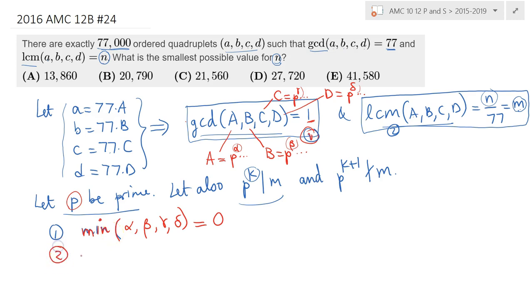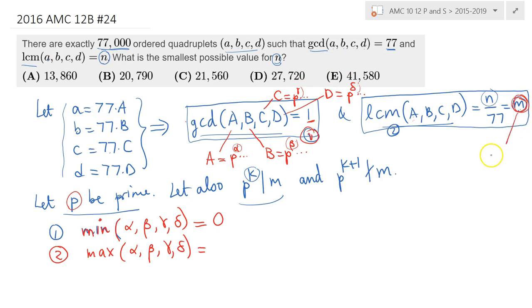And now the second point, the maximum of these four exponents, alpha, beta, gamma, and delta, has to be equal to the exponent of p inside m.